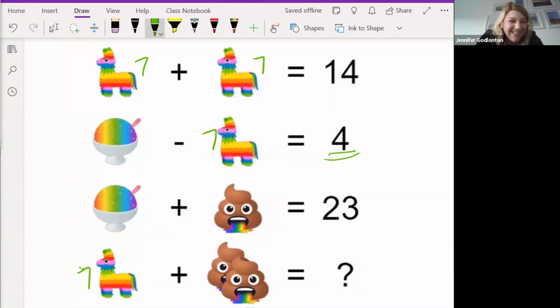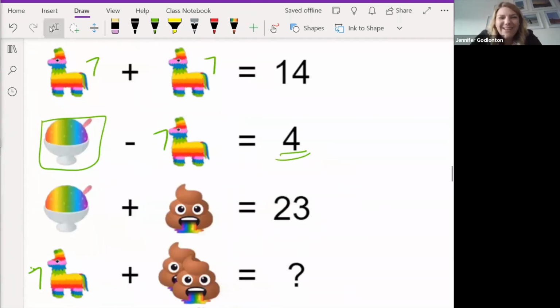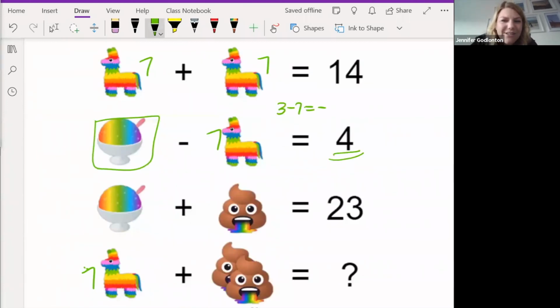What's this ice cream going to be? No, it's 3. 3 minus 7. If I have 3 minus 7, I'm going to get an answer in the negative. Oh, no, you know what I did? I said 7 minus. Oh, okay, I see. I made a mistake. Okay, that's okay, Tracy, that's okay.